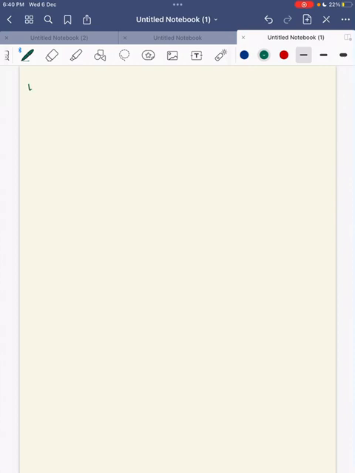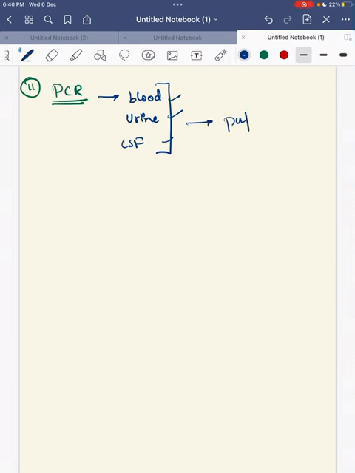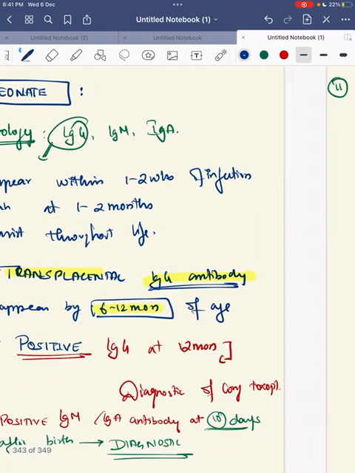First investigation is serology, next is PCR, that is molecular testing of samples like blood, urine and CSF, which should be performed for all infants with suspected congenital toxoplasmosis infection.